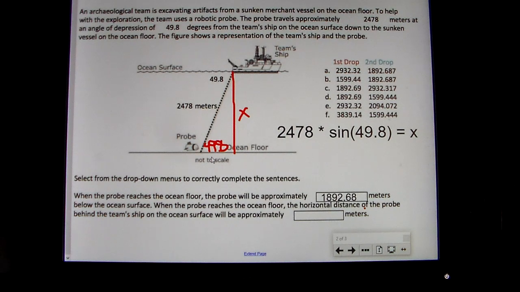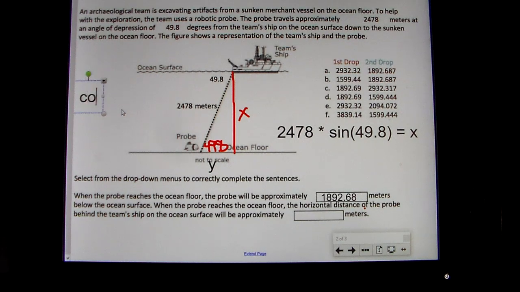Next, we got to find the distance for how far behind the probe is from the back of the ship. So in other words, we're going to try to find y, the distance from here to here. So that's adjacent and hypotenuse. Adjacent and hypotenuse is cosine.